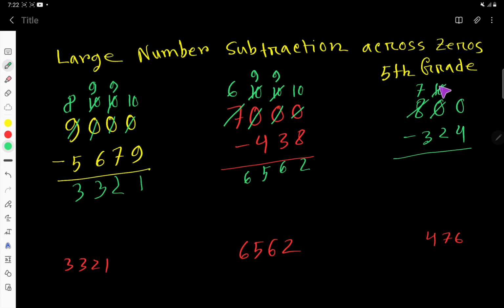Borrow 1 and it becomes 1 ten. I am borrowing 1 ten and placing it here. So we are getting 10 ones. 1 ten means 10 ones. Now subtract: 10 minus 4, 6. 9 minus 2, 7. 7 minus 3, 4.